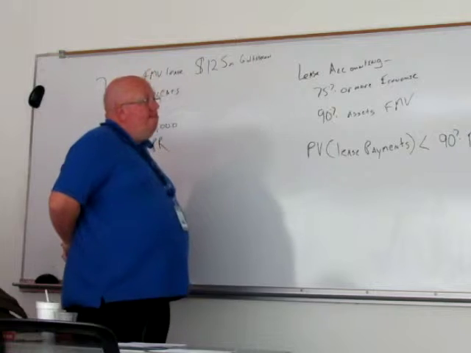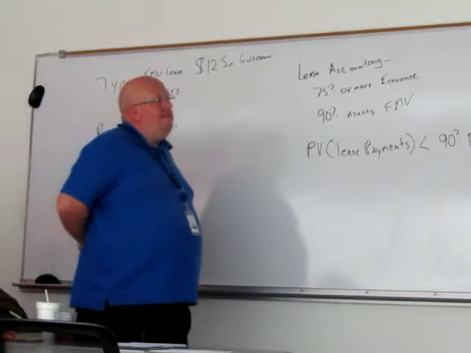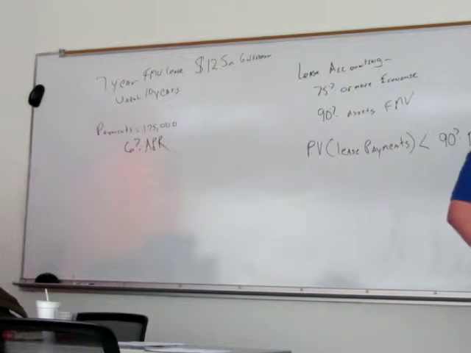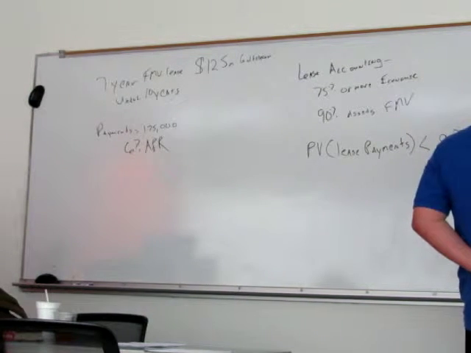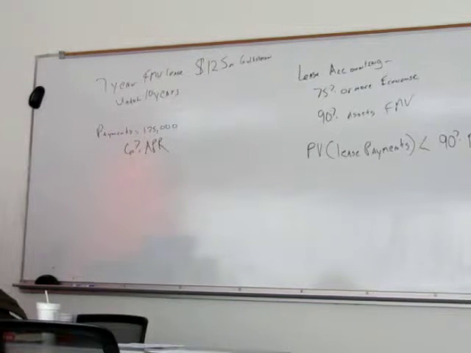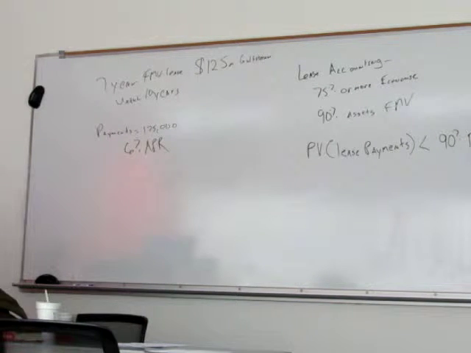Now, the lease payments is 175,000. Don't we have to use those tables or something? But is that the present value of lease payments or is that just the lease payments? That's the lease. We need to find the present value.